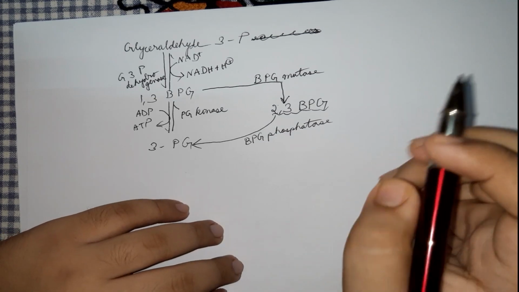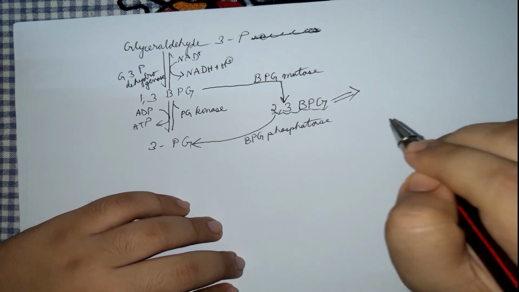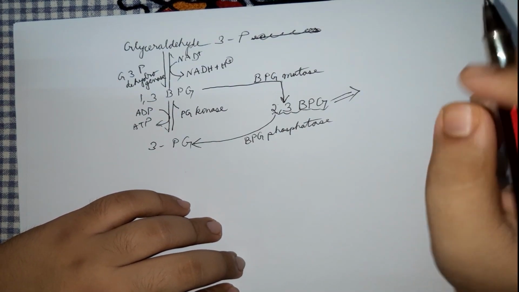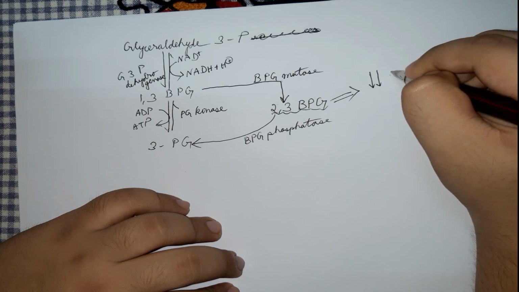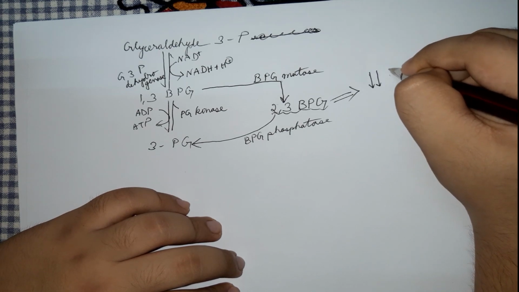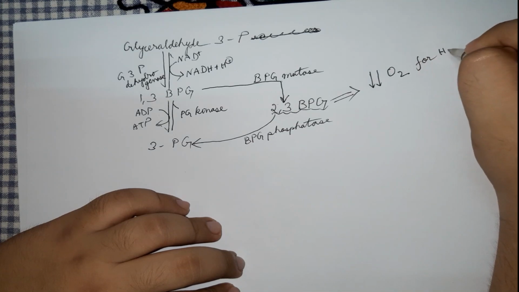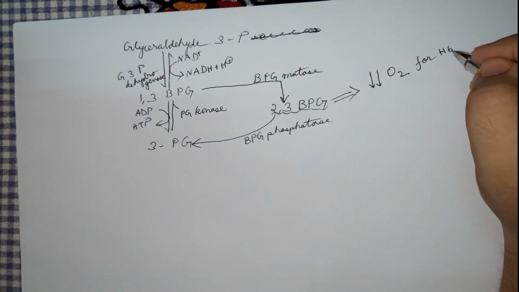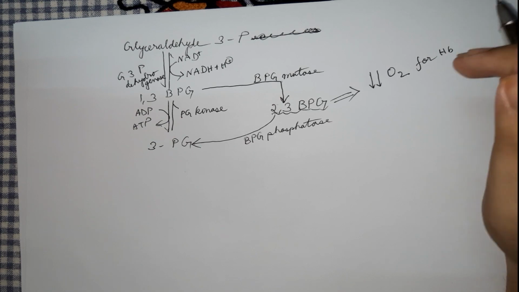You see, 2,3-BPG is such a molecule which will decrease the affinity of hemoglobin for oxygen. That's the grammatically correct thing.